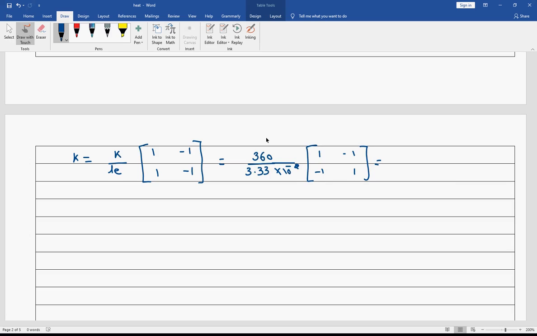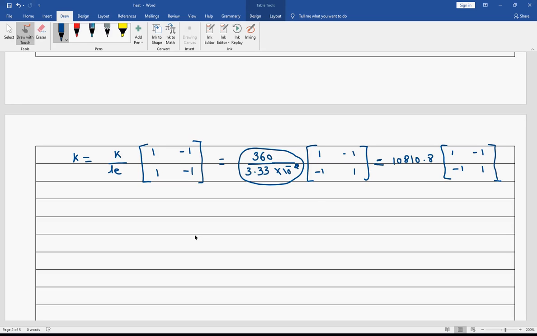Just let me know this value please. It is 10810.8, times 1 minus 1, minus 1 1.